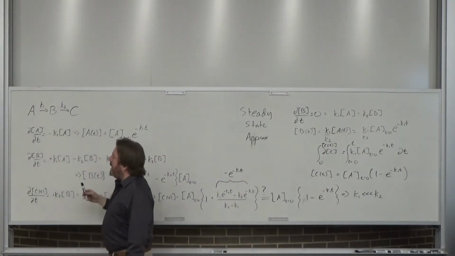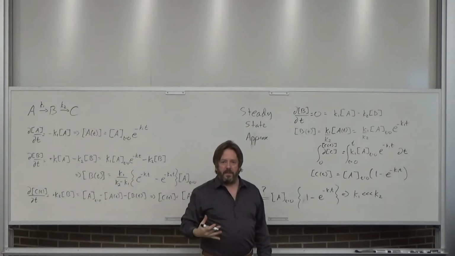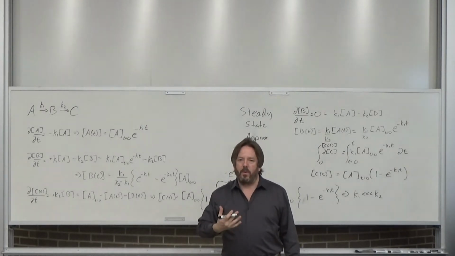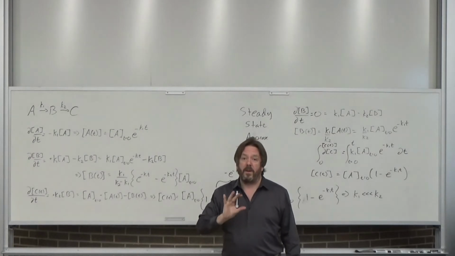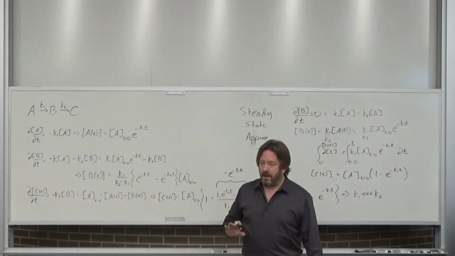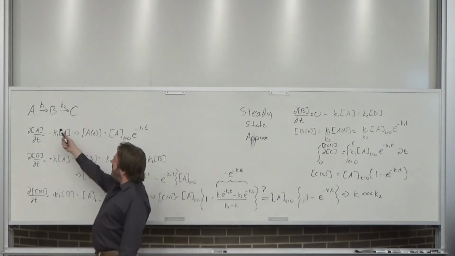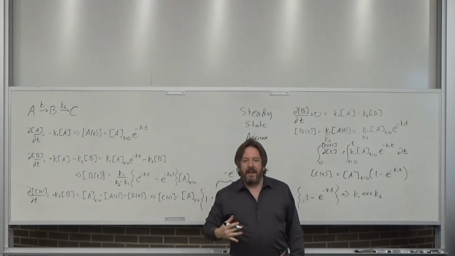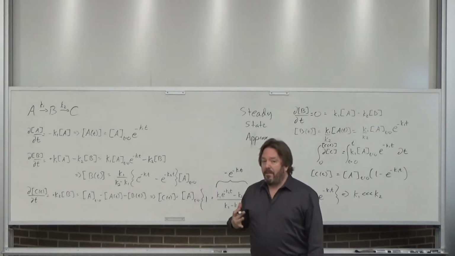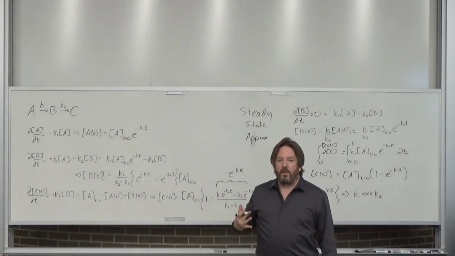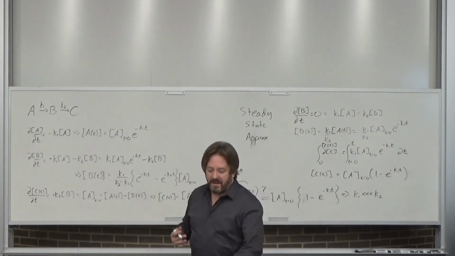That means that you're waiting a long time for A to turn into B. Every second an A turns into a B. That's very slow, by the way, for chemical kinetics. So every second you get a B. And then in 1 microsecond, 10 to the minus 6, it turns into C. That means you basically never have any B present. So those are the conditions under which the steady state approximation is valid.